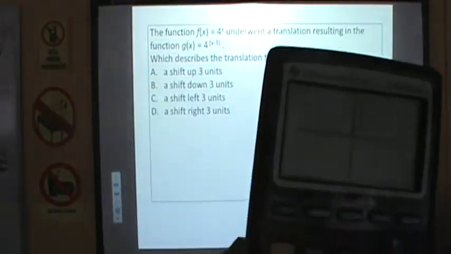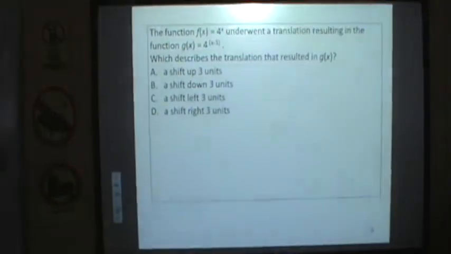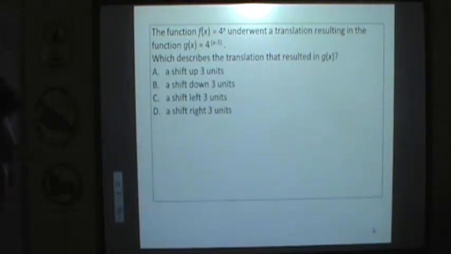Then going back to y equals, for y2 you are going to press 4 up parentheses x minus 3, and then graph again.